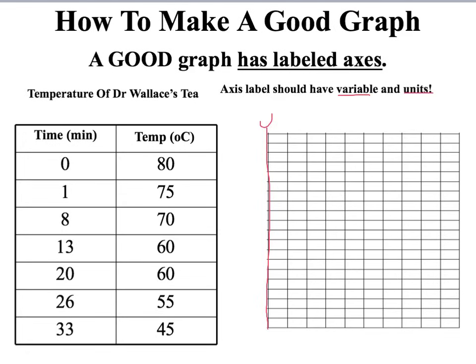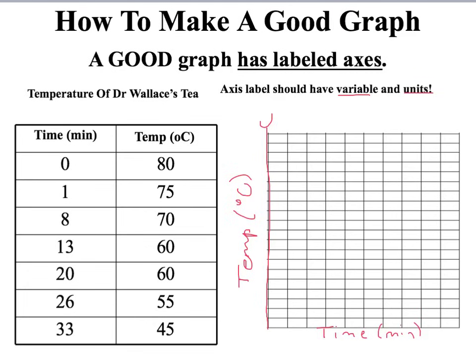On this graph, we want to put temperature on the y-axis. So put the variable, temperature, and put the units in degrees Celsius. On the x-axis, we're going to put time, the variable, and the units, minutes.